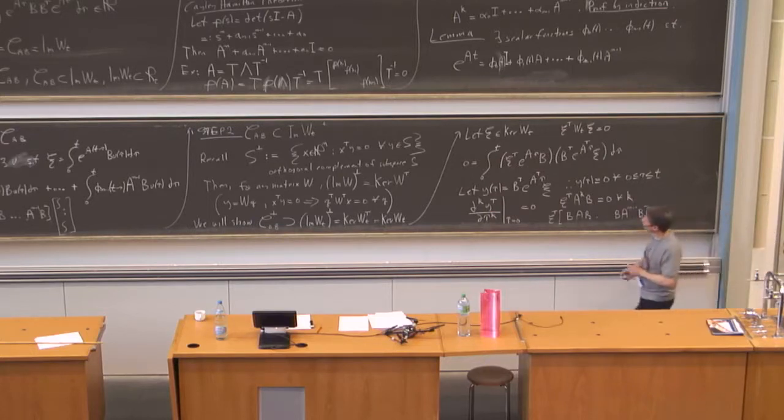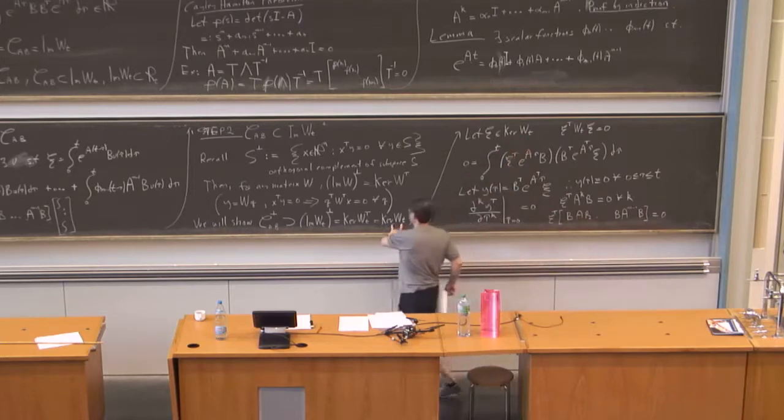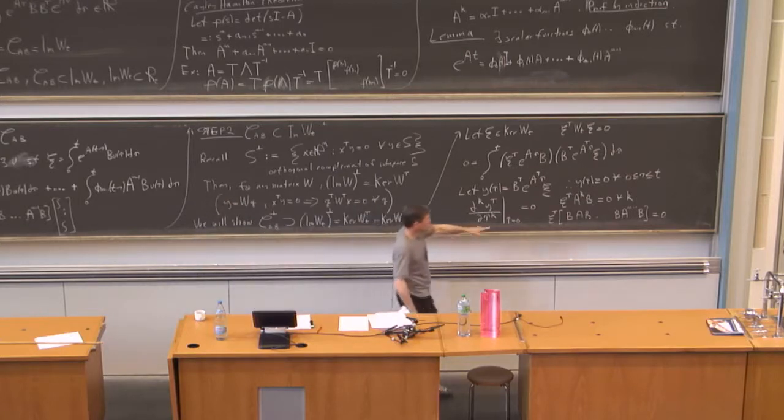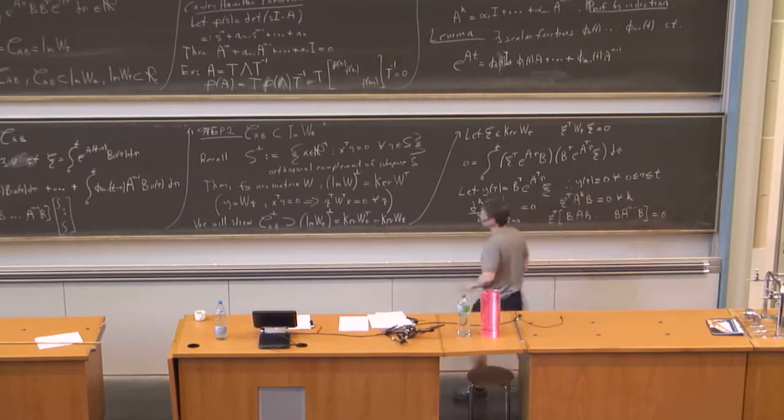I've just shown you that if xi is in the kernel of W sub t, then it also has to be in the orthogonal complement of the controllability subspace, because this is equal to 0. Okay? That's it.